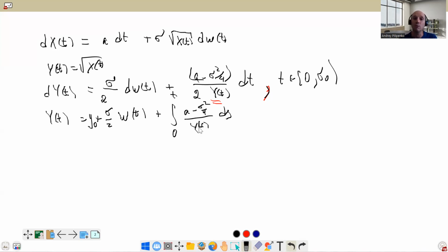And well, it is known that the process y has a local time. And we can represent the integral. Well, we may try to represent this integral using the local time in the following form, like integral from 0 to infinity, the function 1 over y, and then local time of y.